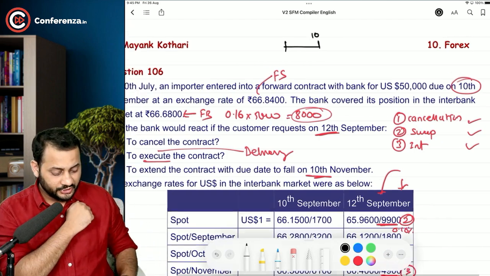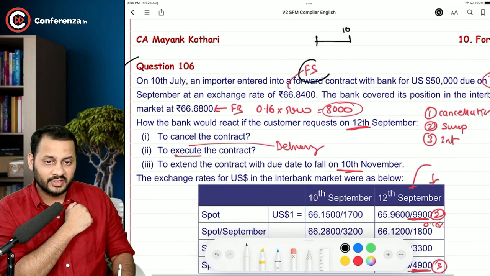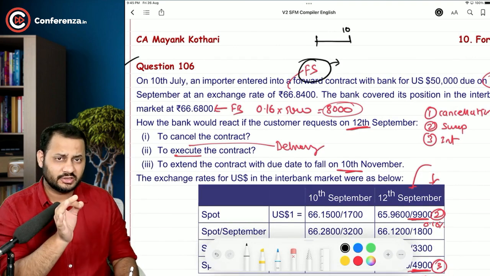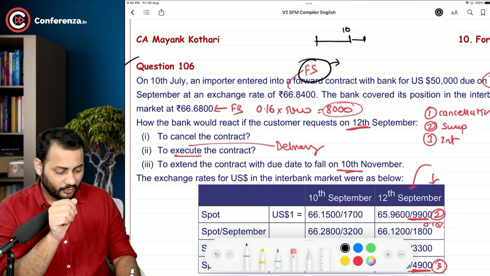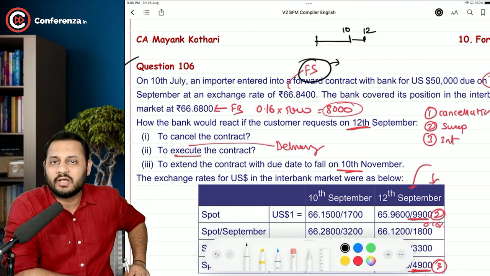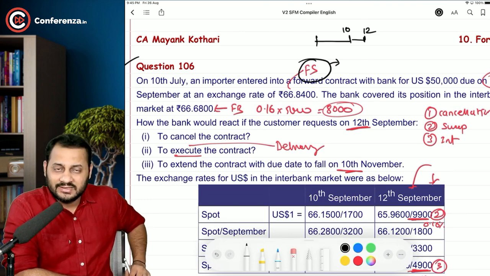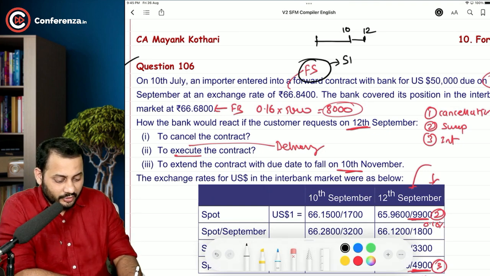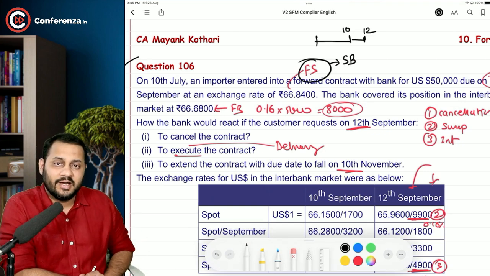Now, the original contract with the customer is a forward sell. In order to cancel it, bank will take the spot rate on 12th. So in order to cancel the contract on 12th of September, bank will use spot buy rate. Why spot?